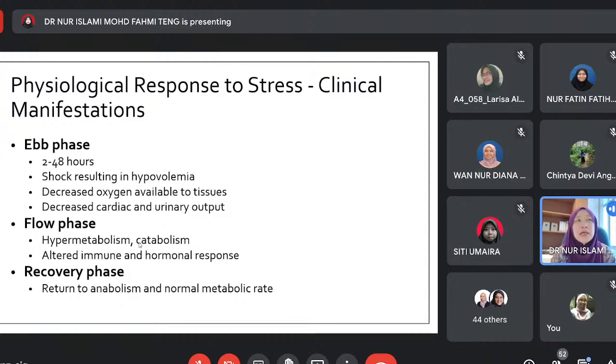We must know that this is the cycle, the process that occurs. So if you see abnormal lab tests or any indicators, it might be due to the ebb phase or the flow phase.